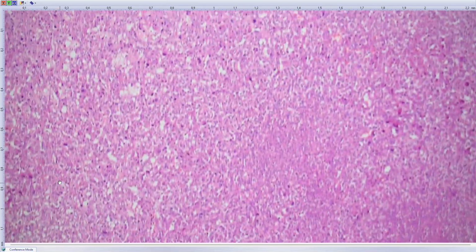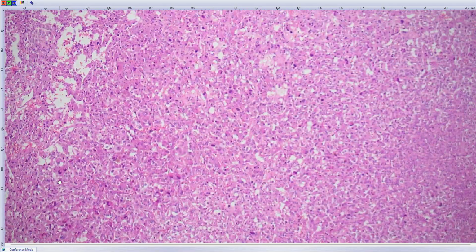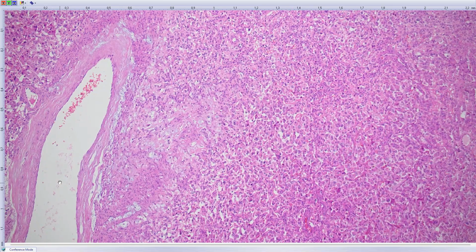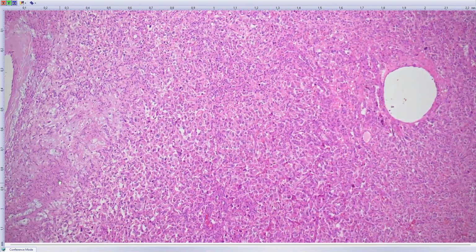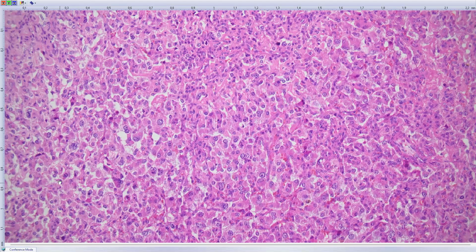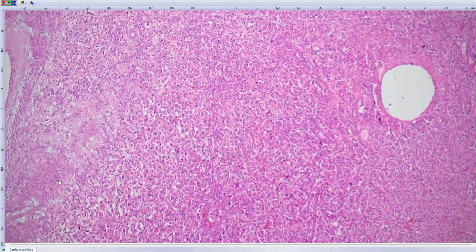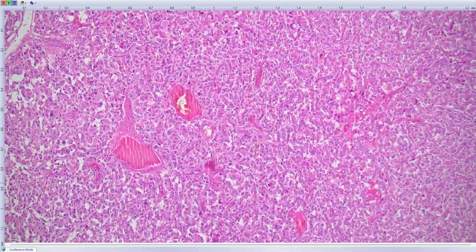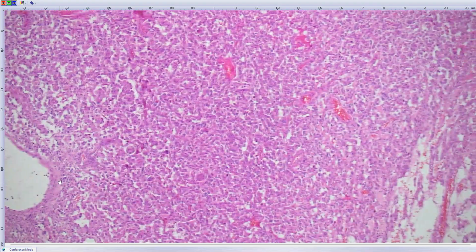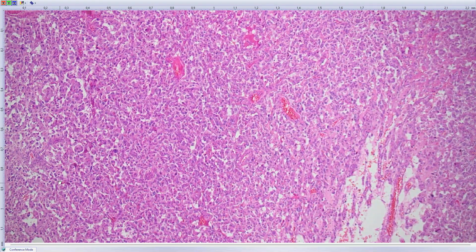And if you go a little bit higher power, you can see quite pleomorphic epithelioid cells, which in some areas especially have kind of a nested arrangement. It's not really perfect, but in some areas I think this could be called a nested growth. In others, it was more kind of a solid proliferation.